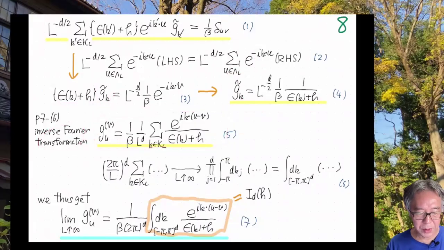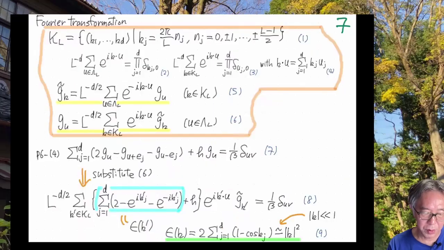Now, again, this is standard. I want to take the infinite volume limit where L goes to infinity. Then I claim that this summation converges to this Riemann integral. This is, again, very simple. If you recall this definition of K, and as I said, K runs roughly between minus pi and pi.